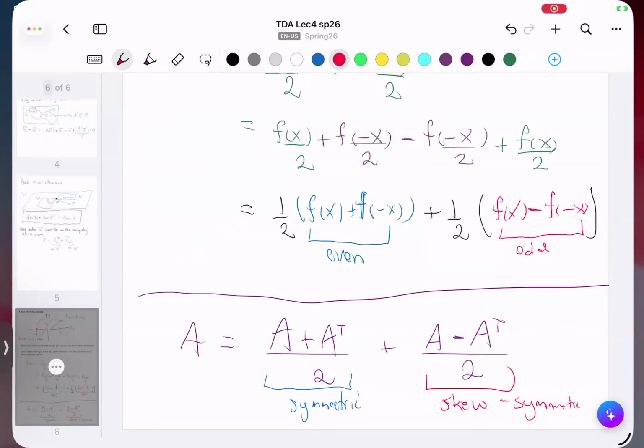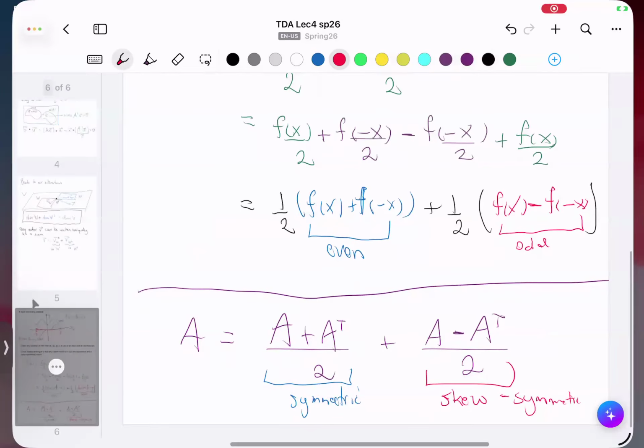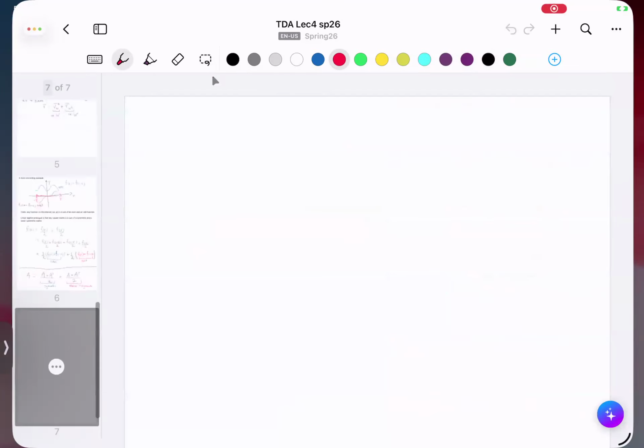So I'm almost done, just to give you the punchline of the example. Here's an analogy, which I think is a useful analogy to think about.